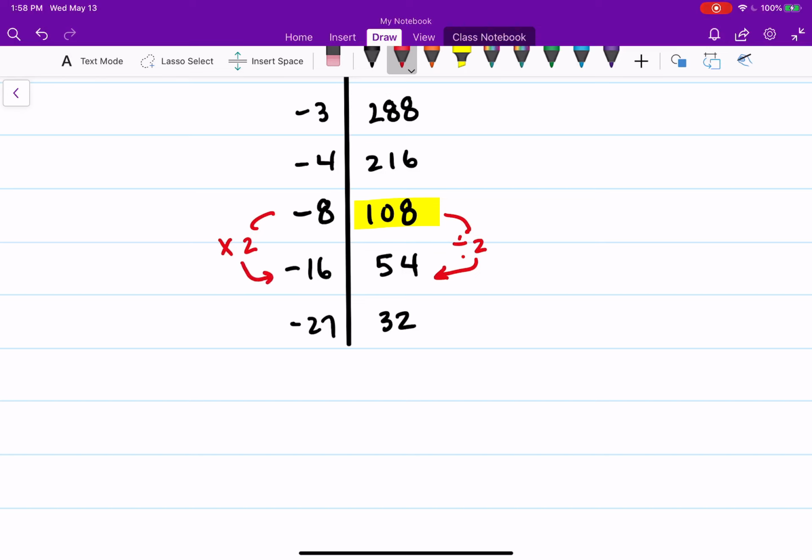That's why I picked negative 16, because that is double negative 8. On the larger side, I would divide by 2, so it's half. Then I did it again to get that 32, and then did it again to get to 27. So that's how I went about doing it.